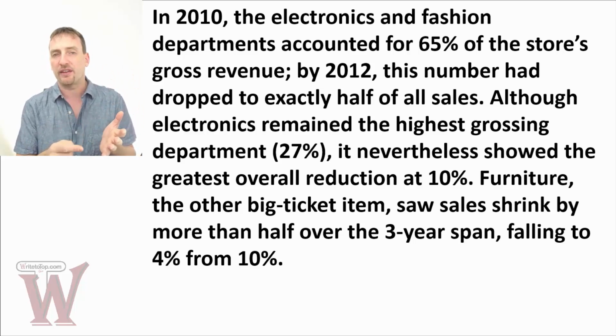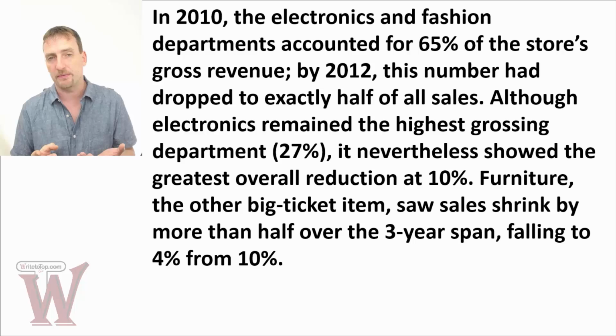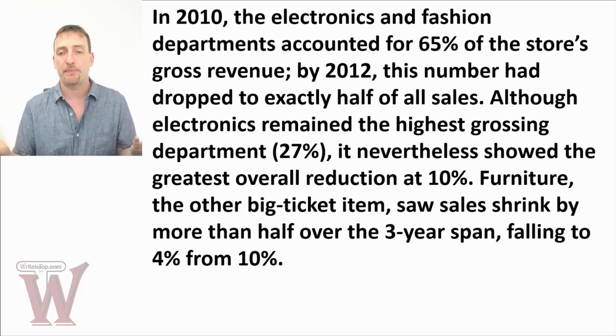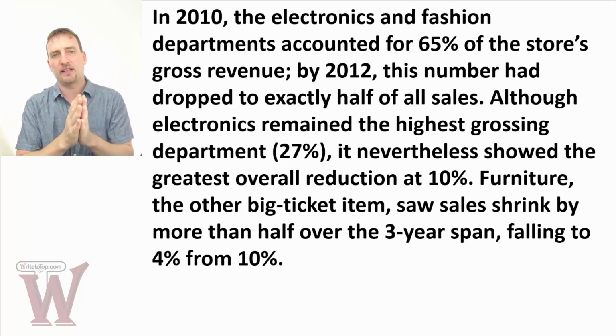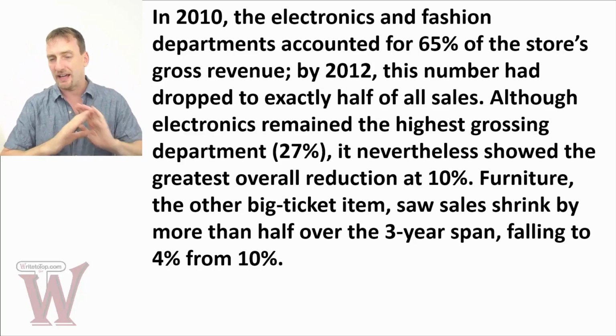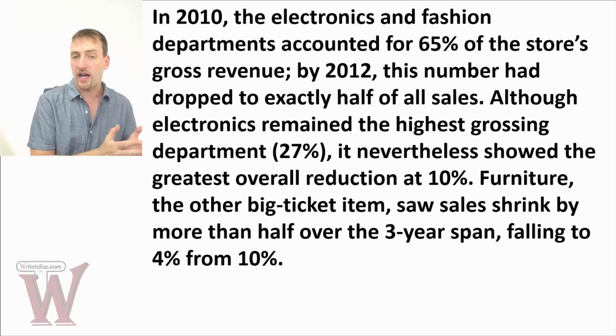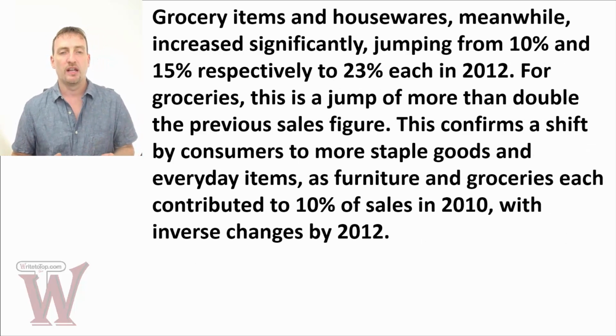So as soon as I say the other, that means there are two big ticket items, furniture and electronics. I put them together and then talk about what happened to furniture, that it shrank. Okay, so there you go. There's my big ticket items and there's my big sales. I haven't even mentioned groceries, haven't mentioned housewares. Why? Because I'm going to put them in the next paragraph.